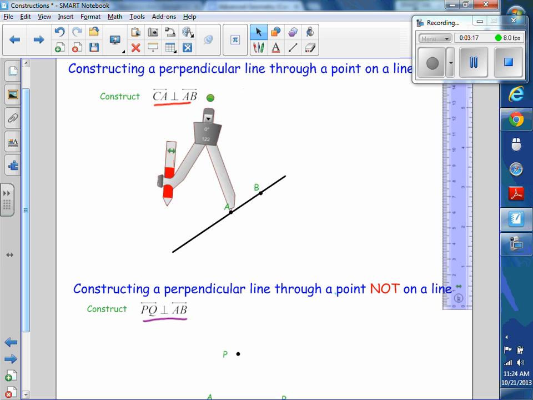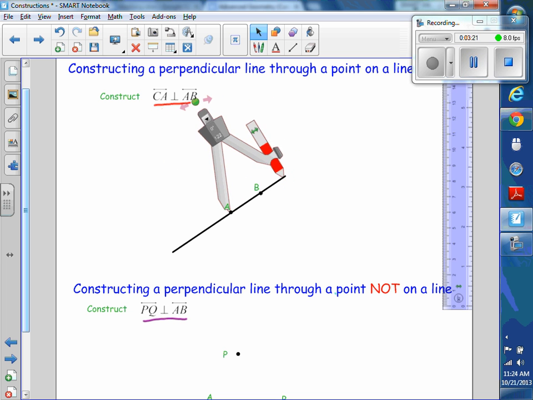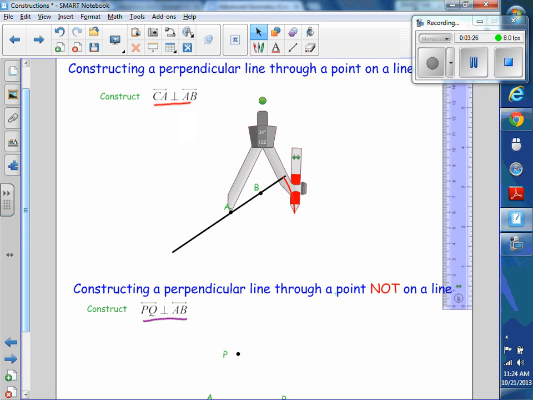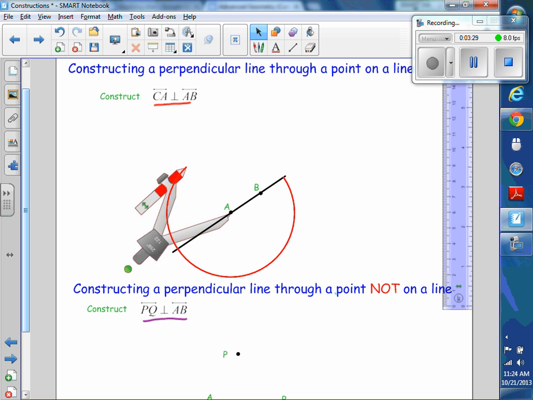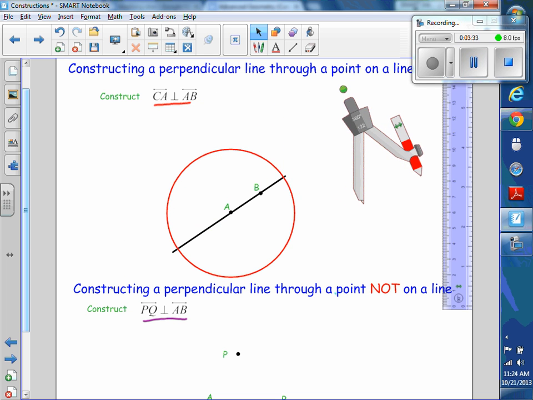On the other hand, you want to make sure your circle doesn't go off the line, and if it does, you would just have to extend it. So I'm going to make a circle, and the reason that helps me is now, let's just call these points X and Y. I could make a perpendicular of XY, and it would go right through what? A. Does that make sense?